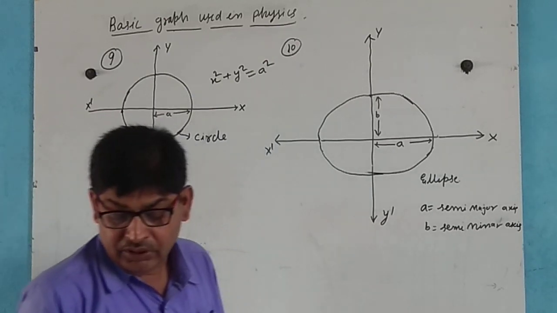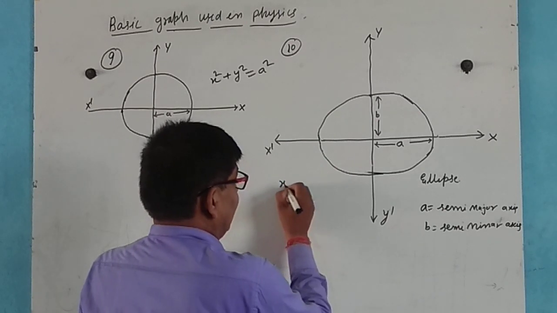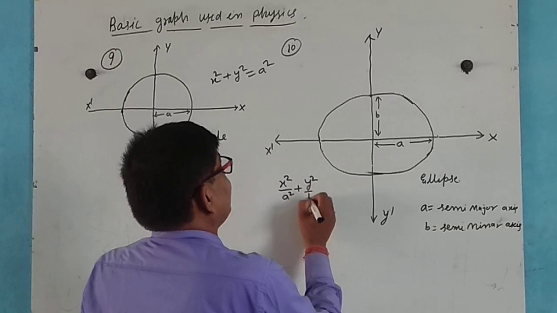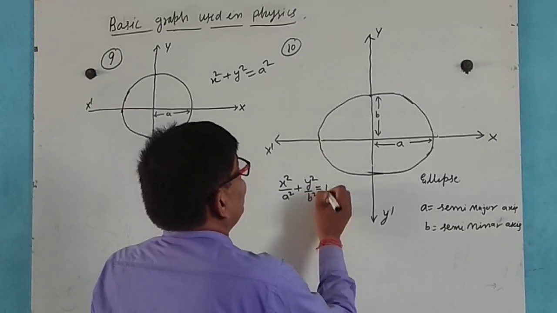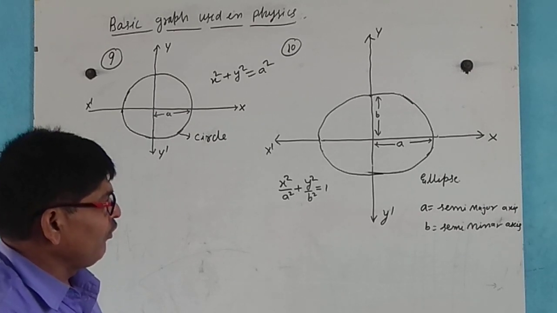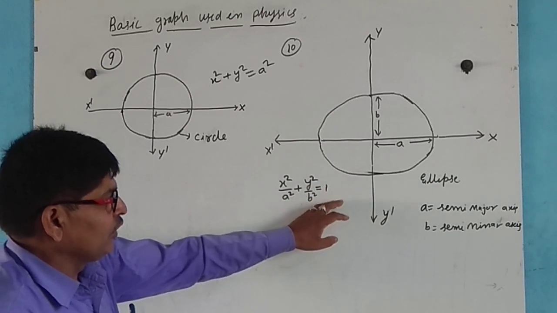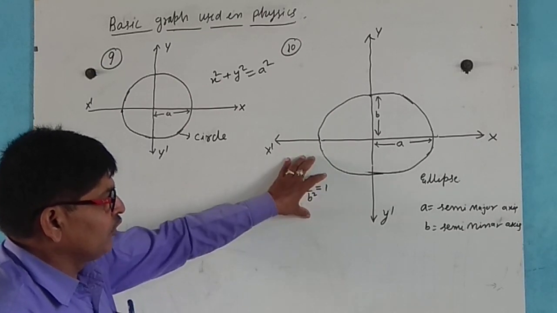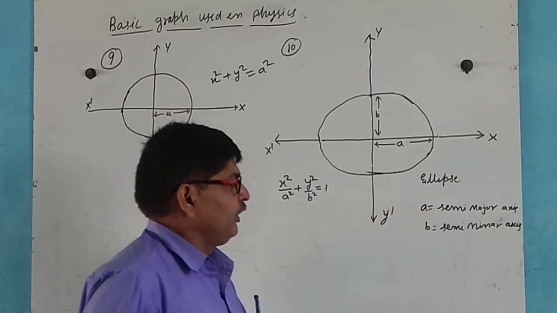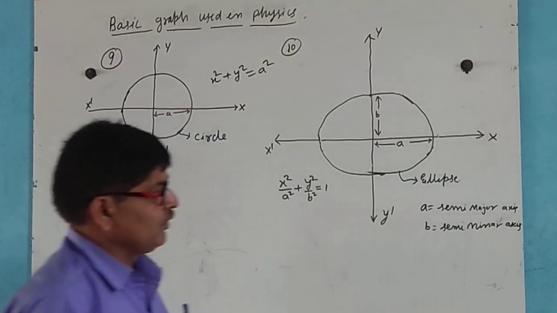The equation of this is x square by a square plus y square by b square equal to 1. This is the equation of this curve. This curve is known as ellipse.